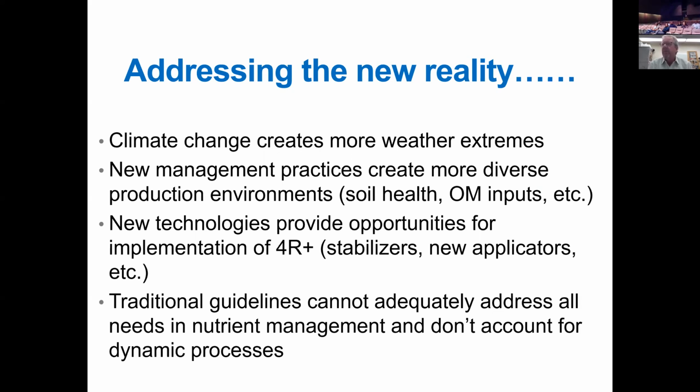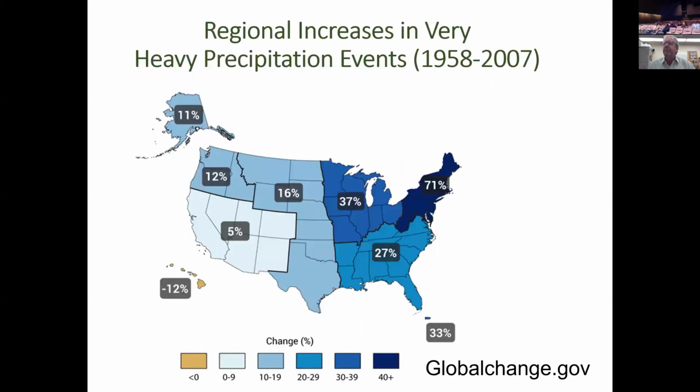We have new equipment, we have stabilizers, we have new applicators and all that, and so we have more opportunities in the context of implementing the 4R+, which I'll talk about in a minute. And basically the traditional guidelines are not really very capable of addressing all these different nutrient management needs and don't account for these changes in production environments.